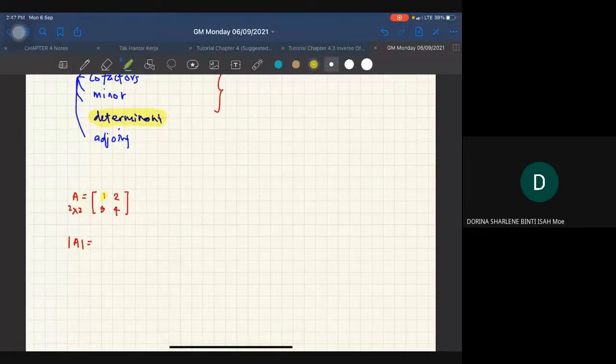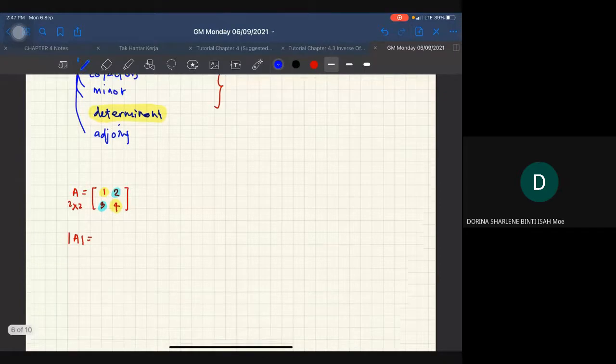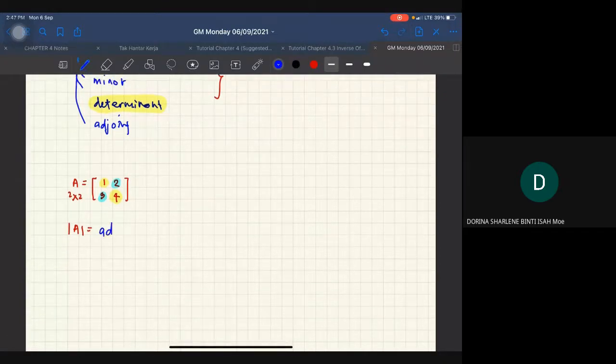Okay, so maksudnya this one is A, this one is D. So awak darabkan dia and then you just minus with, this one is B, this one is C. Okay, so untuk cari determinant 2 by 2 matrices, kita cuma perlu darabkan A dengan D and then minus B times C. So we have A times D is 1 times 4, so we have 4 and then minus B times C. So kita ada 3 darab 2, so 6, jawapan awak adalah negative 2. This one, okay. So untuk 2 by 2 matrices, dia senang je untuk awak cari determinant dia.